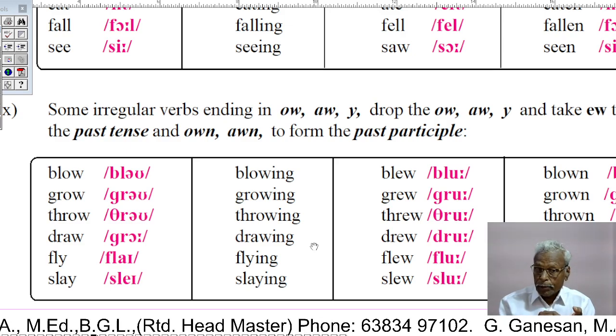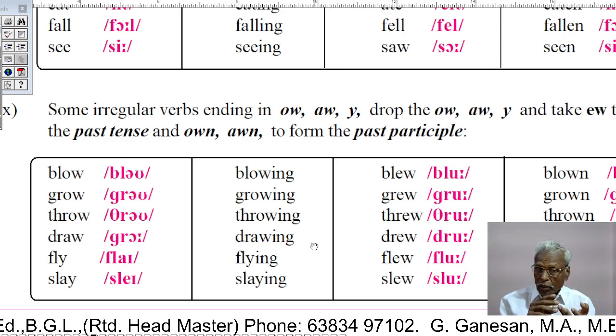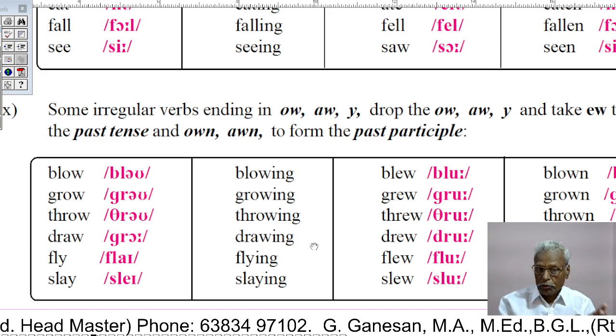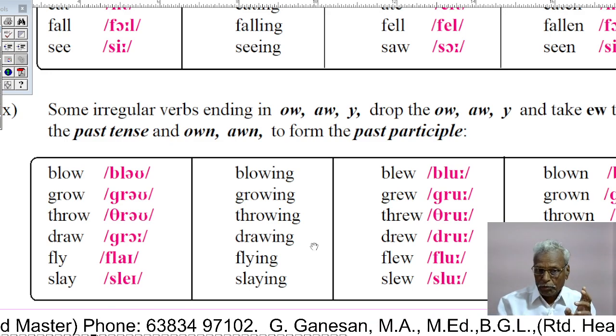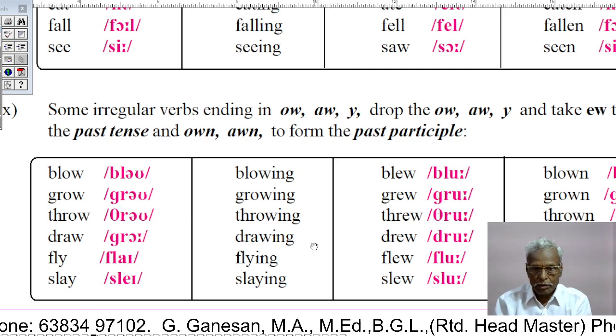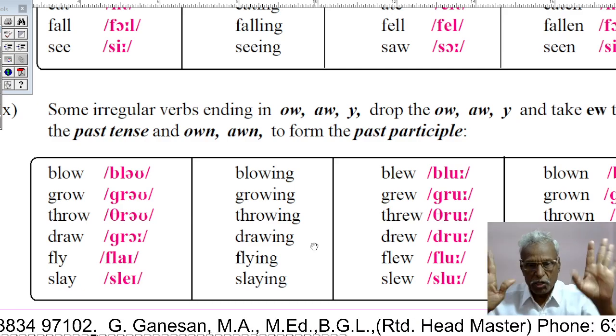Verbs ending with OW, AW and Y: drop the OW and AW and Y and take EW to form the past tense.